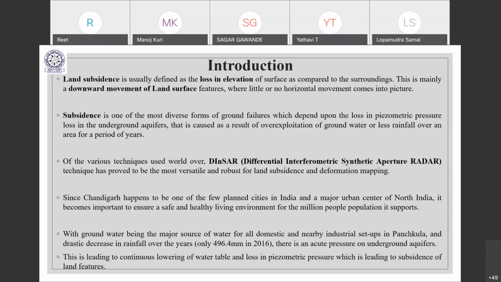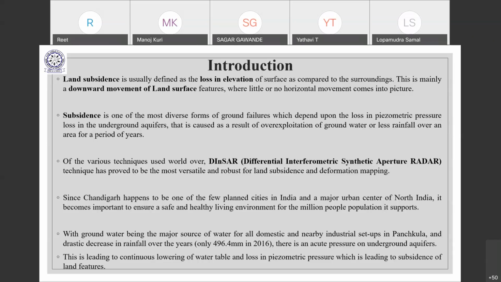So subsidence is one of the most diverse forms of ground failure, which depends upon the loss in piezometric pressure, loss in the underground aquifer, that is caused as a result of over-exploitation of groundwater or less rainfall over an area.